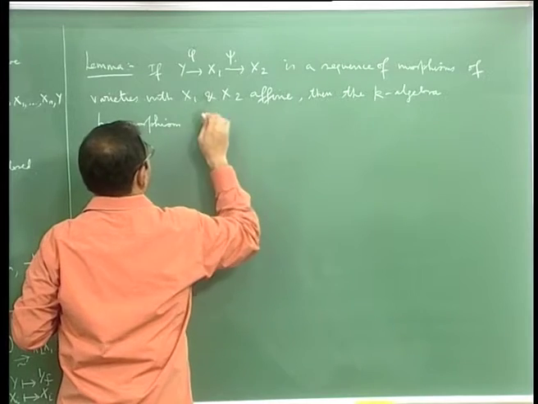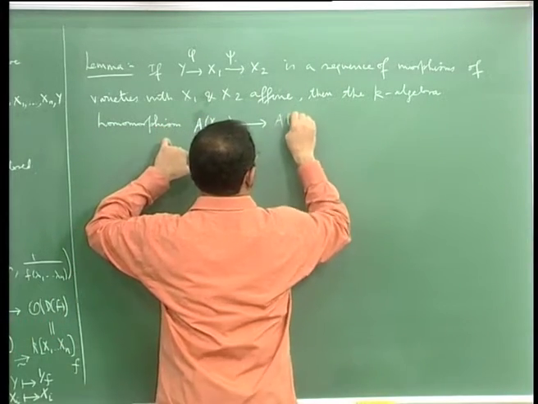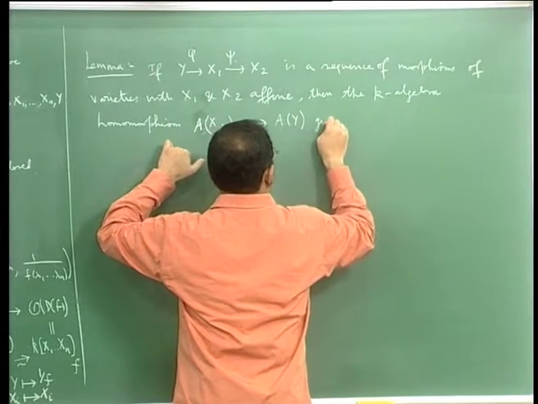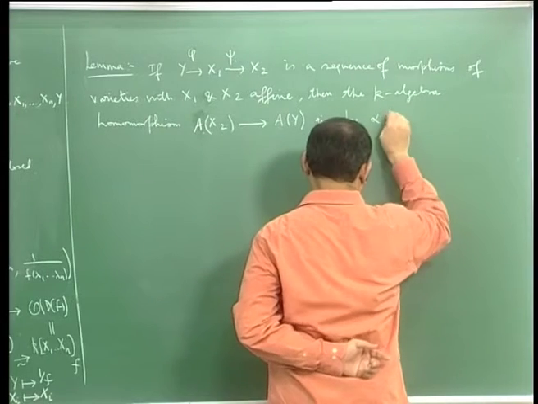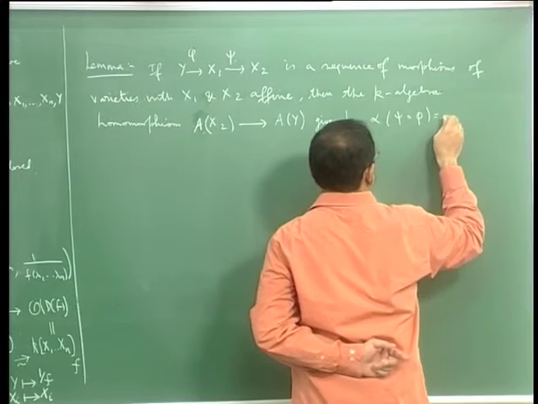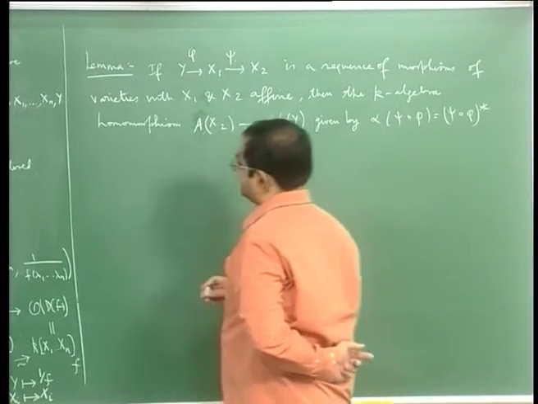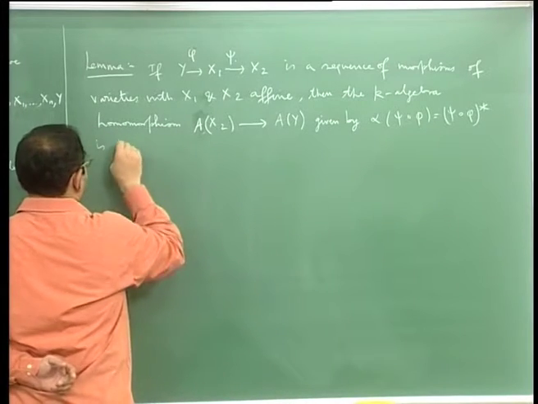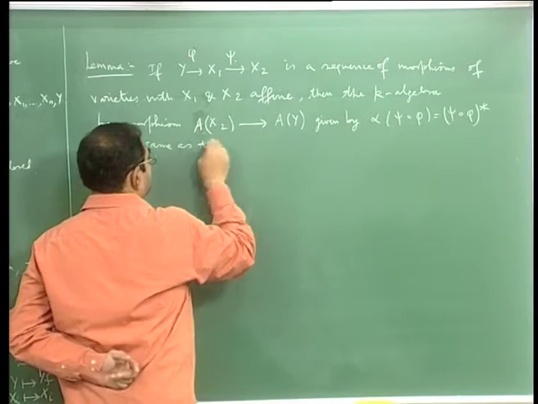A of x2 to O of y, given by the pullback of psi circle phi, which is (psi circle phi) upper star, is the same as the composition.